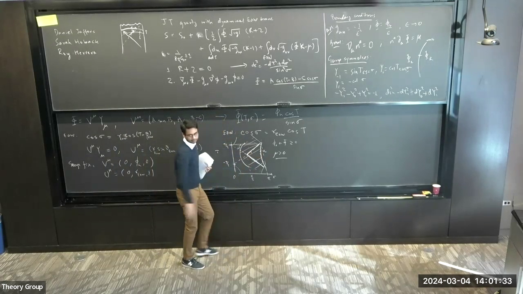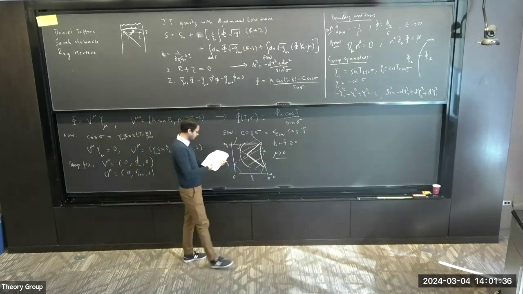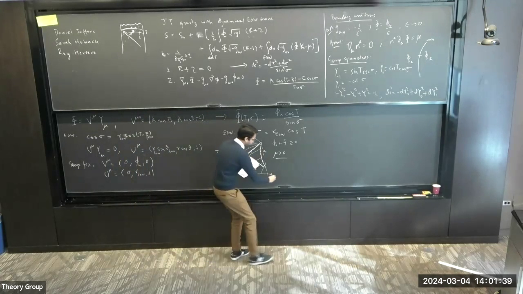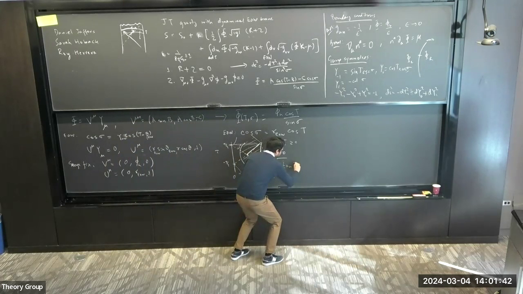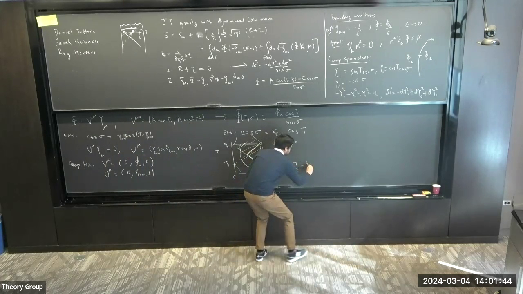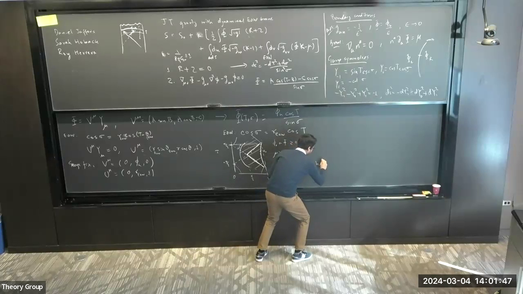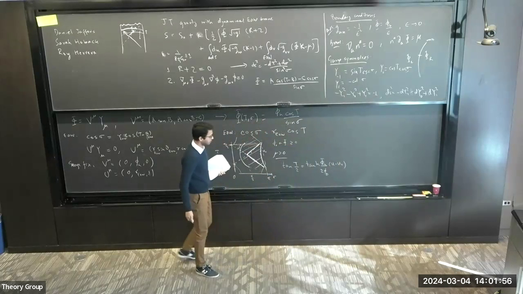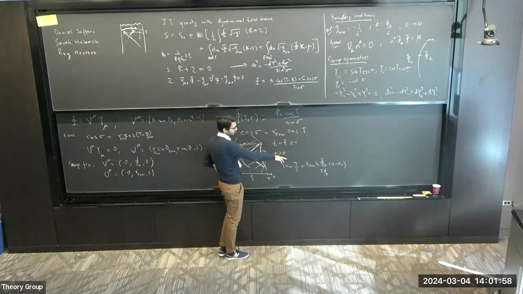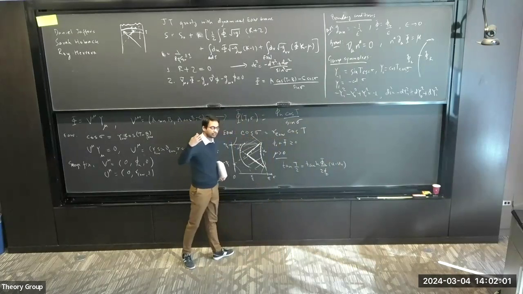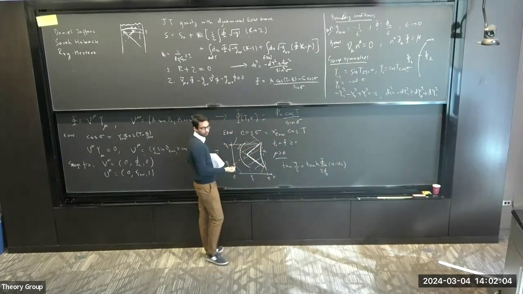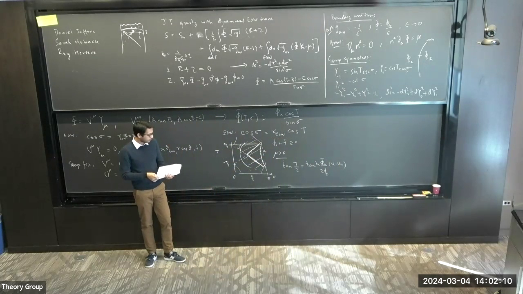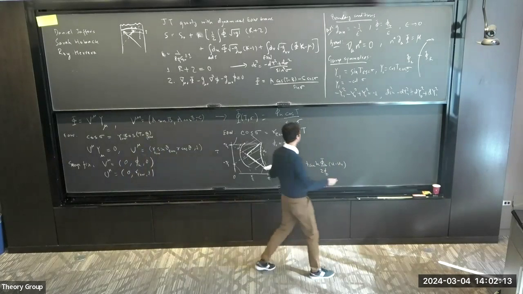U naught is basically the affine parameter on the boundary that's related to the coordinate t as follows. And you can see from here, as U goes to infinity, t will go to pi over 2, and to minus pi over 2 when U is minus infinity.